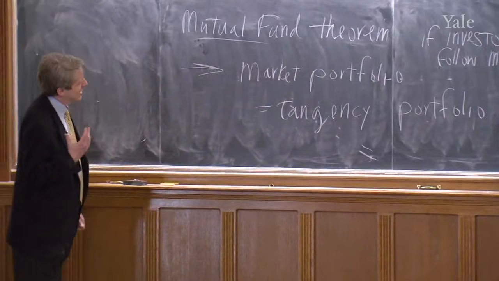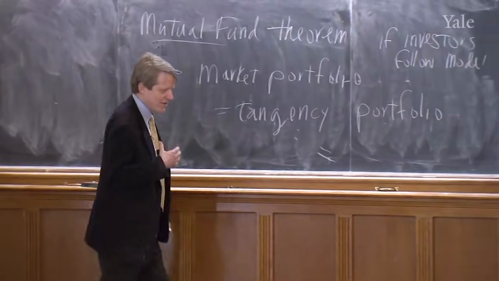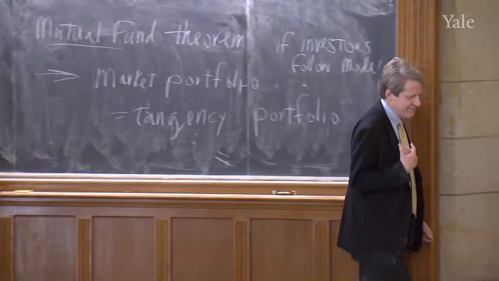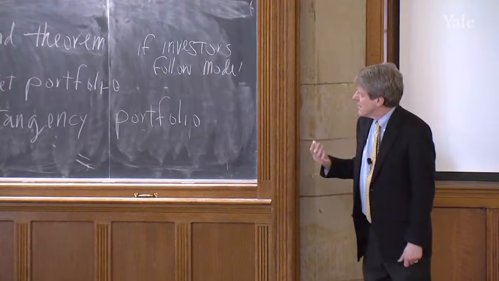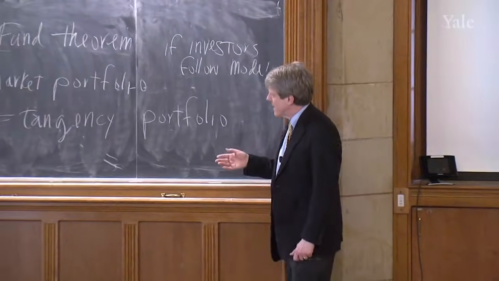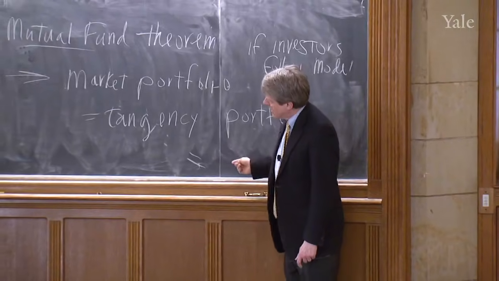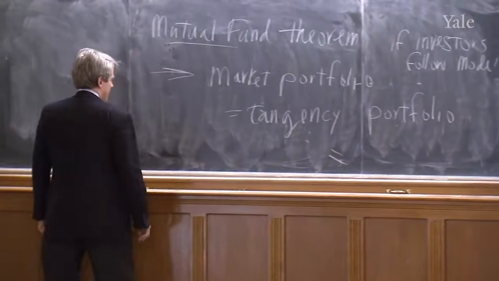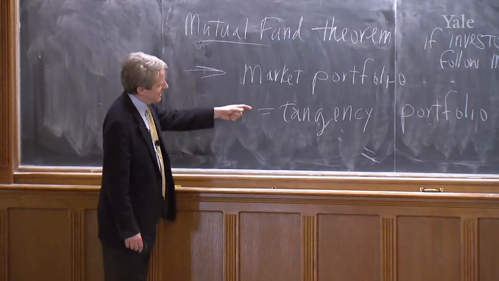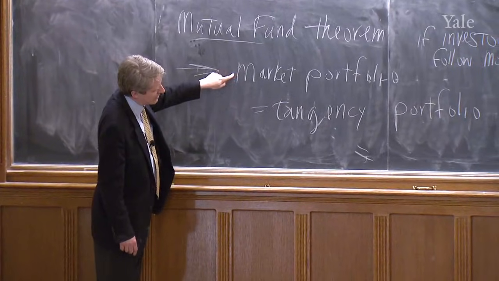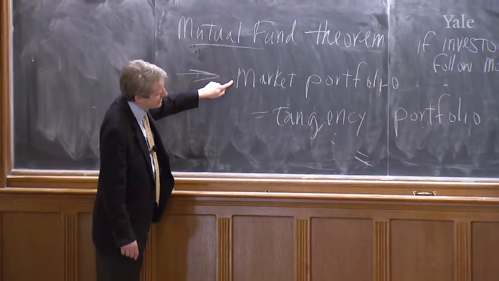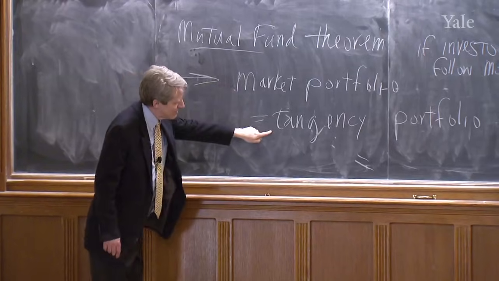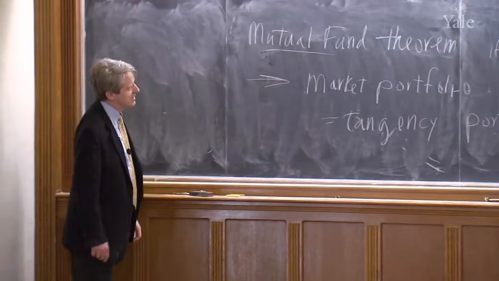It has to add up so that the market is cleared and all the VOC stock is owned. And more generally, if there are many assets, all the assets have to end up owned by someone. And so the cardinal implication of this theory is that the market portfolio, which is everything that's out there in the world to invest in, has to be proportional to the tangency portfolio.